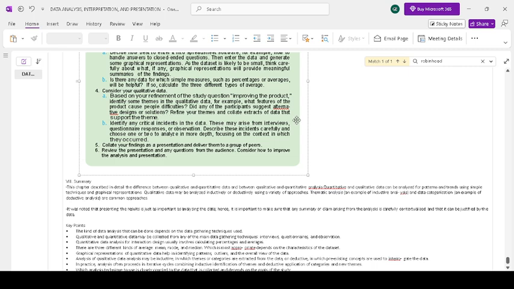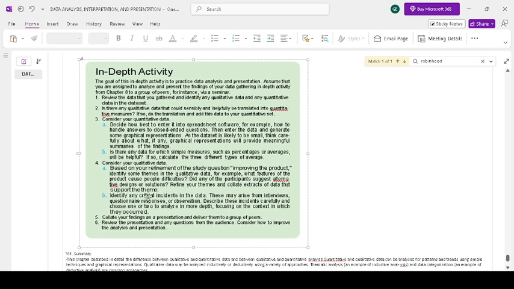So, what features of the product did people have difficulties with? Did any participants suggest alternative designs or solutions? Refine your themes and collate excerpts of the data that support the themes. So you're actually refining a theme here. You're not relying on your initial theme.